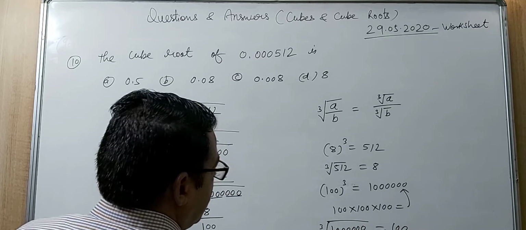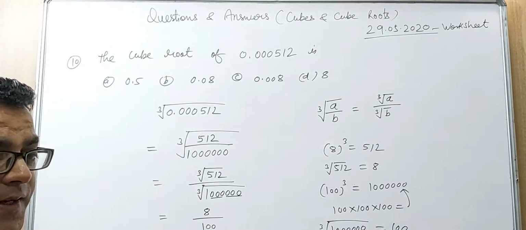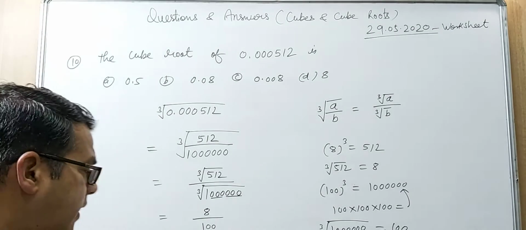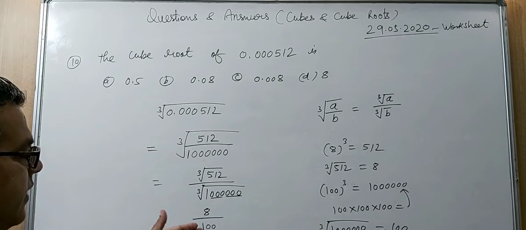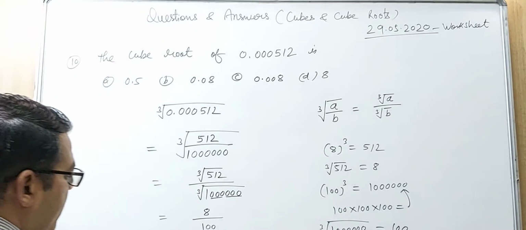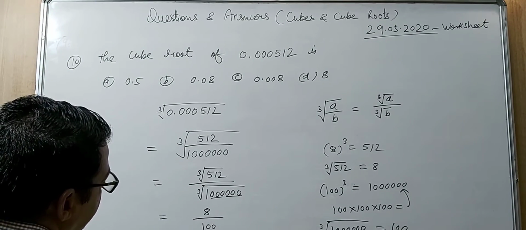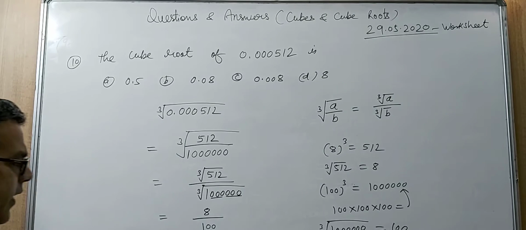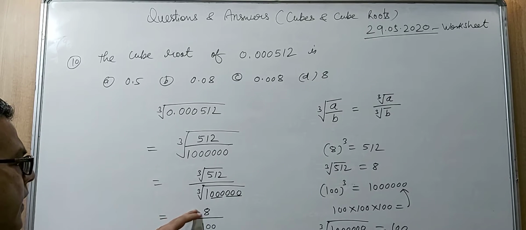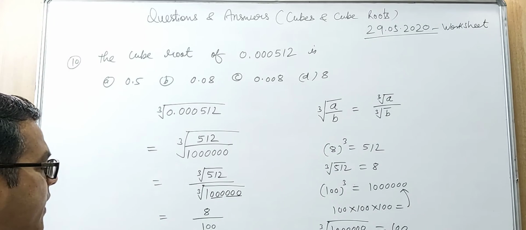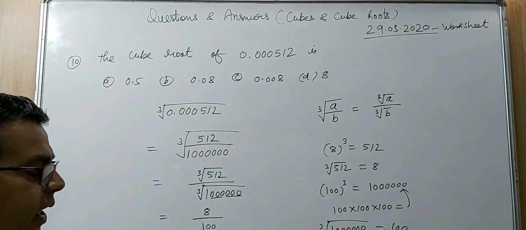Hope you understand this. So we can write it 8 by 100, right? Now you have to convert this fraction into decimals. You know very well, we can write it 0.08. Since after 1 there are 2 zeros, in this 8 we should have a decimal point followed by 2 places.